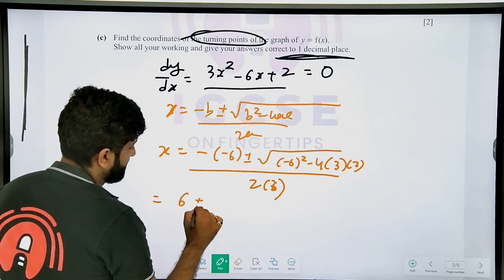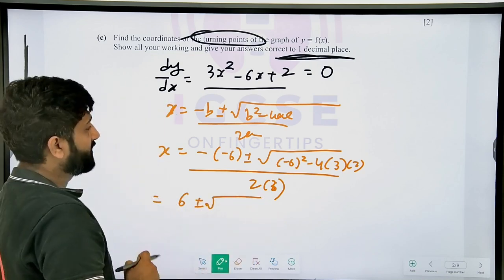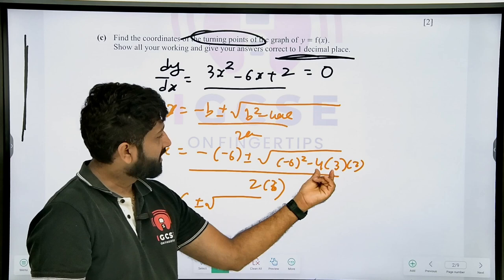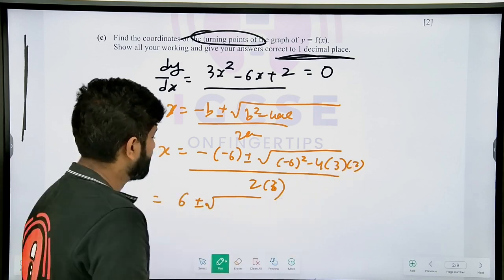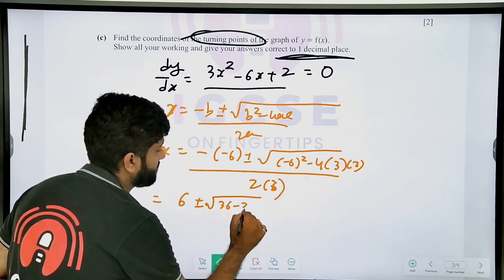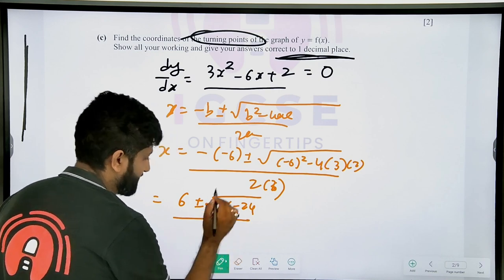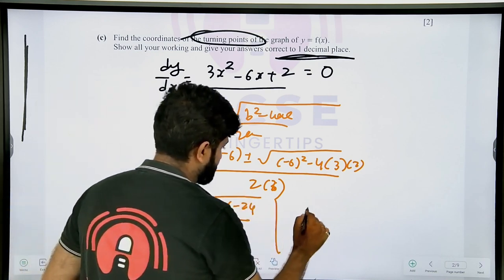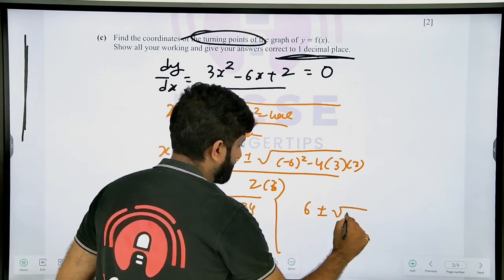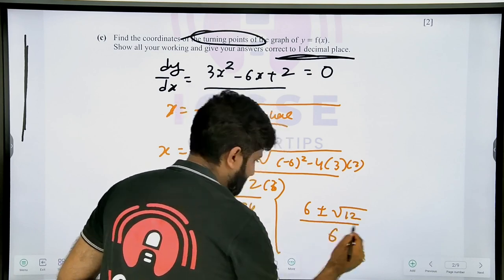So 6 plus minus root 6² is 36, 4 3s are 12, 12 2s are 24. So I have 36 minus 24 over 6. So I can write this as 6 plus minus root 12 over 6.